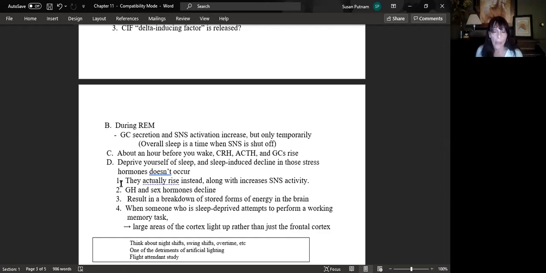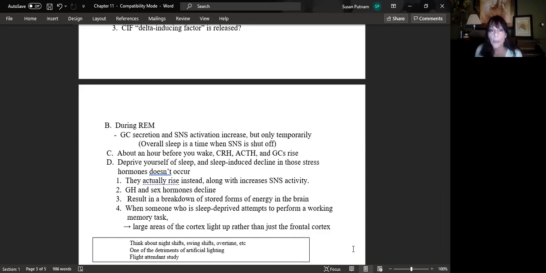It not only means that they don't go down like they should, but they actually rise along with increases in sympathetic nervous system activity. Growth hormone and sex hormones decline. This deprivation results in a breakdown of stored forms of energy in the brain. Now, I'm hoping that makes sense from previous lectures. This should fall into place.